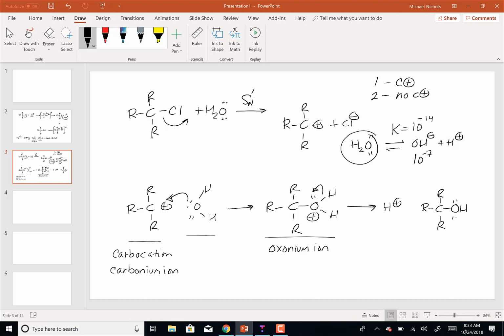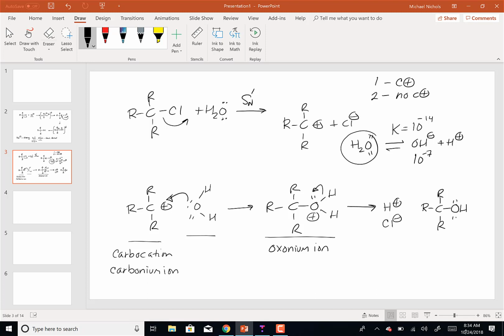Now that H plus is most likely going to combine with the Cl minus, so that the overall reaction is alkyl halide plus water makes alcohol and HCl. And if we did this reaction in any other solvent but water, we would actually probably see some HCl gas coming out of the reaction.